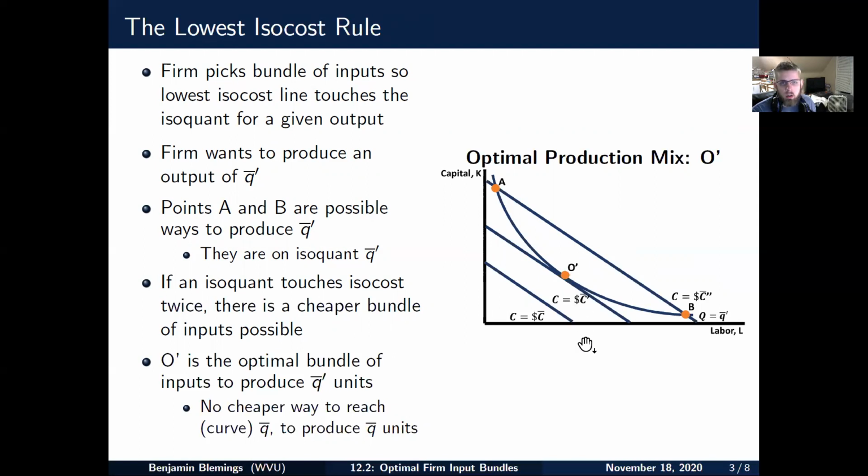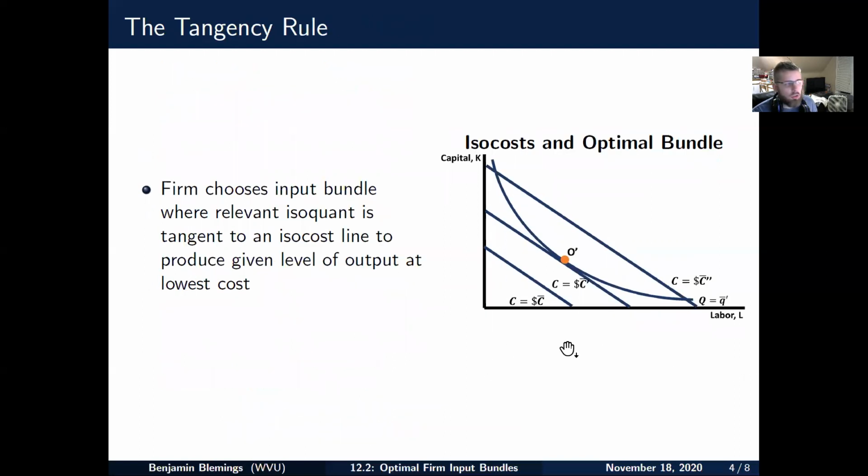And an appealing fact about that is that it's tangent. So this isoquant Q just touches this isocost C one time. And that's the tangency rule. So their slopes are equal only one time, and that's at O prime.